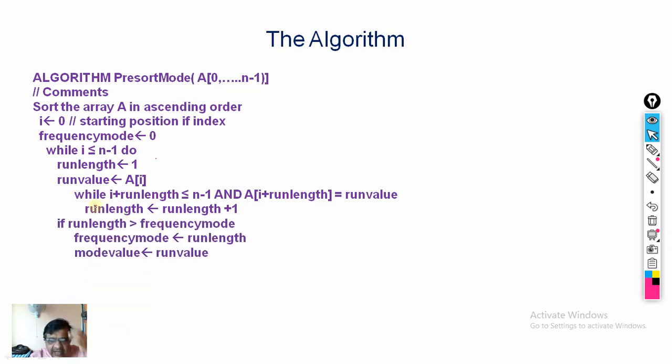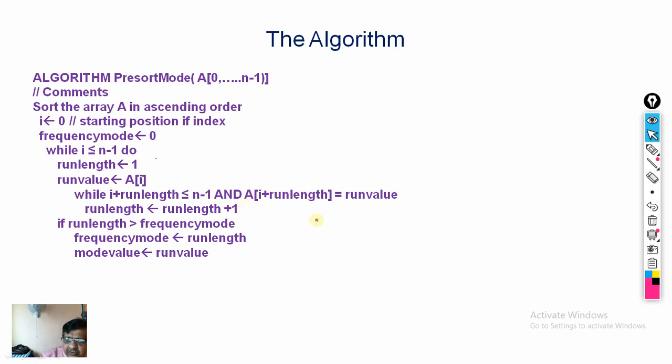At the completion of this, this while loop should break if any of the conditions becomes untrue, or i will have reached the last position. In between it breaks due to this, this is the culprit.